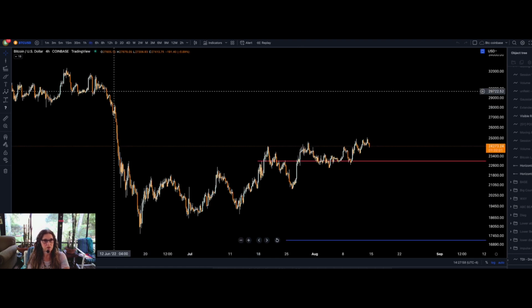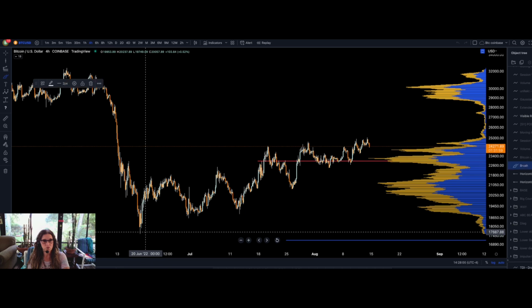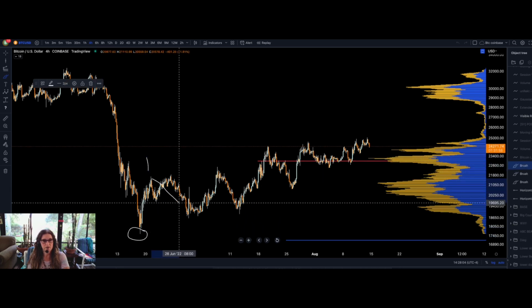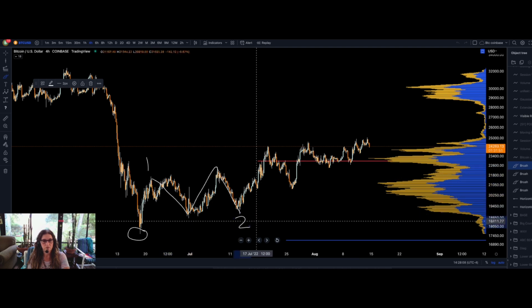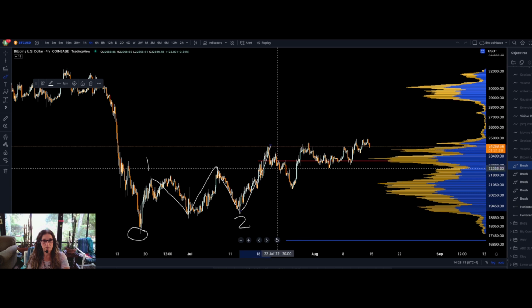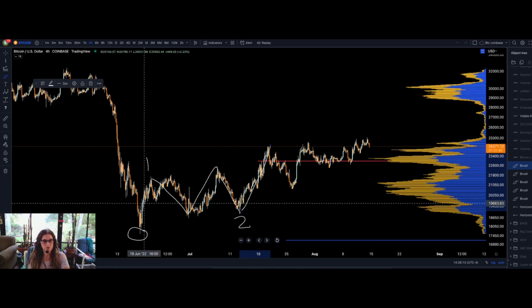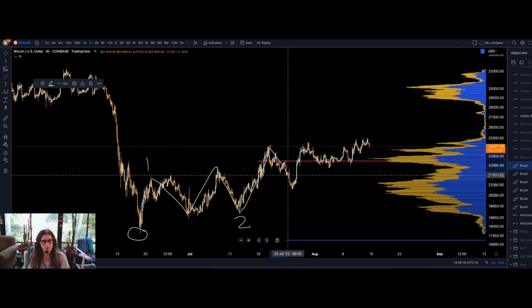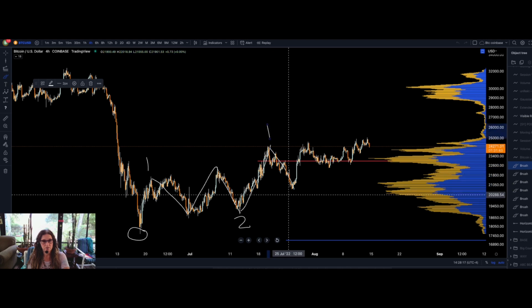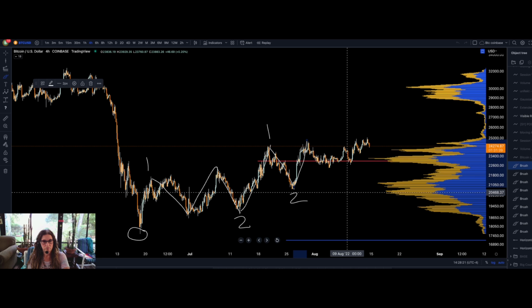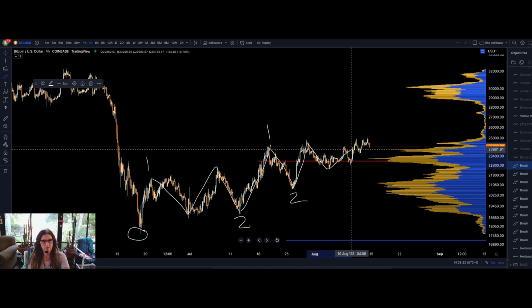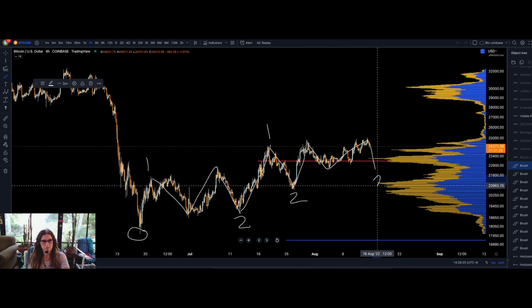Now let's take a look at this. Okay, if this was the bottom and this is 1, we got a decent size 2 here. If this is one, it's bigger than this one. The 2's decent size. Now we have another one, and look how big this 2 wave's going to be.